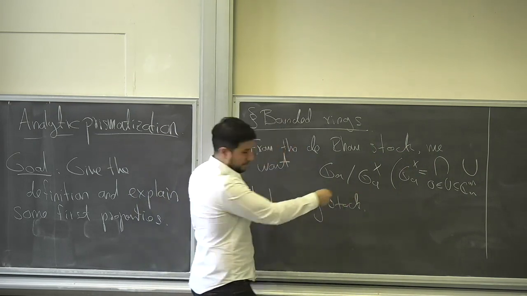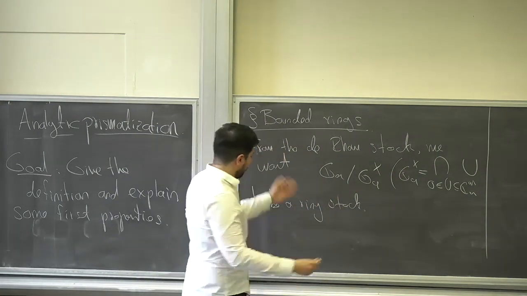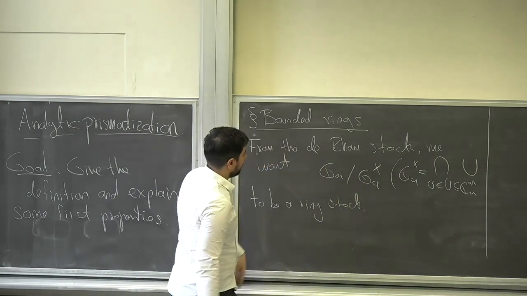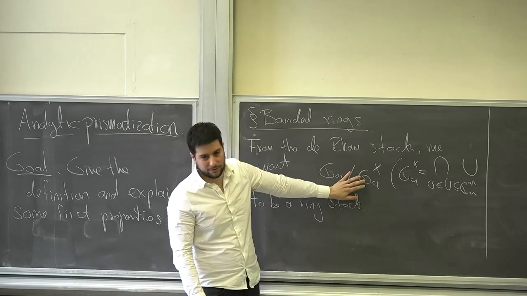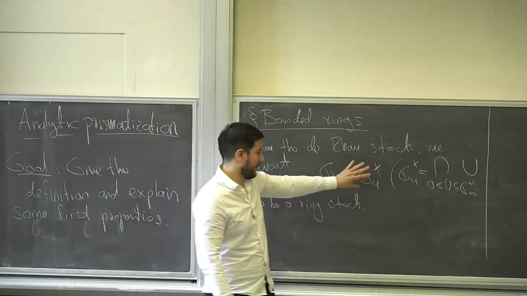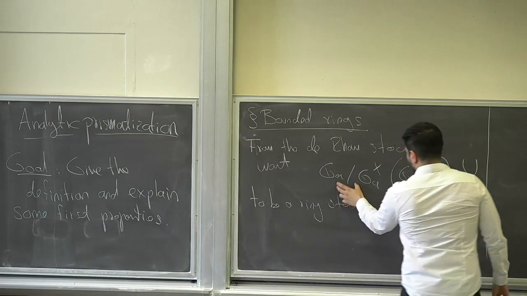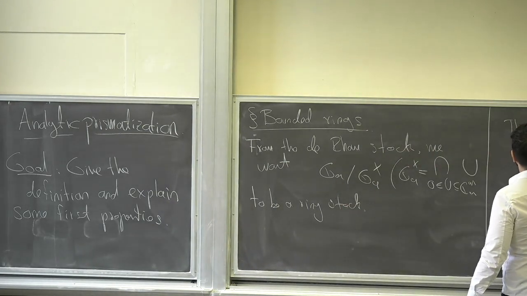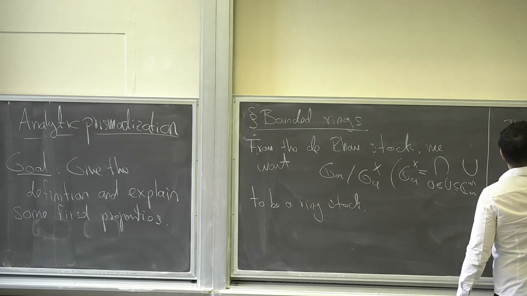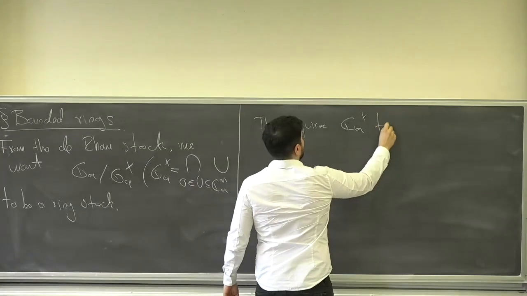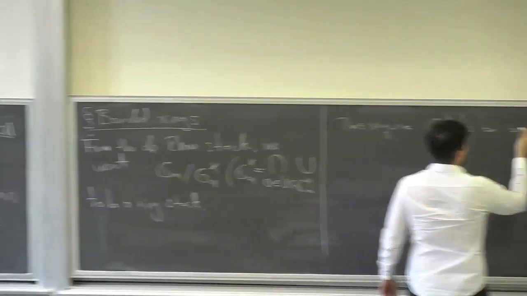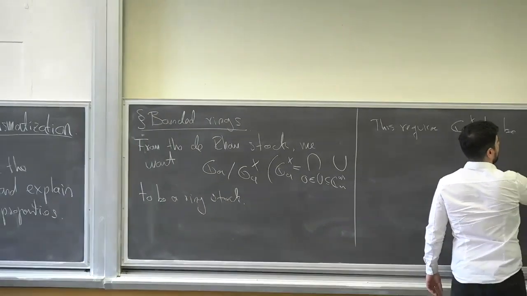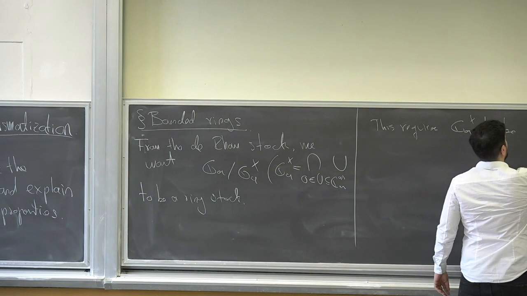We can then give this some structure of ring stack, and do some maybe fancy version of this transmutation and just construct the Raman stack from at least any ring. So this requires this guy to be a G_a ideal.